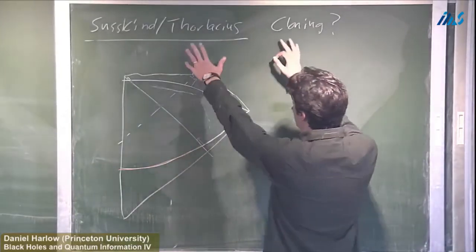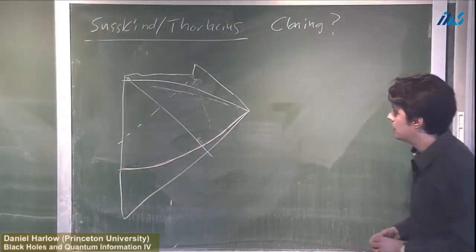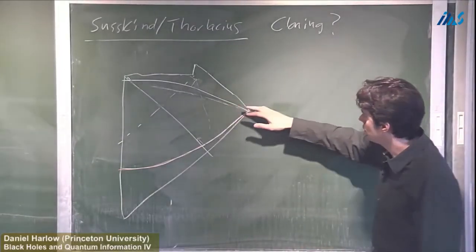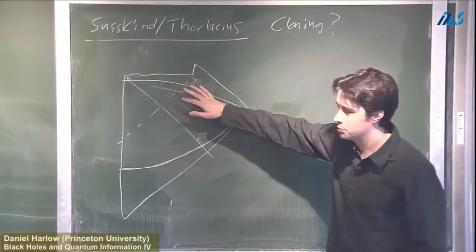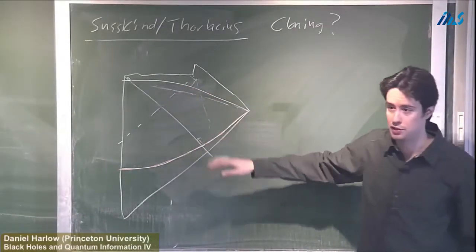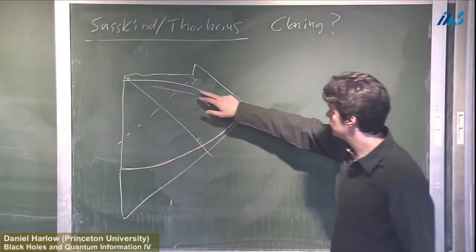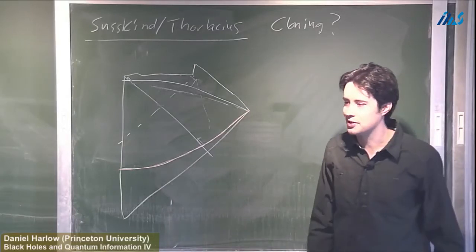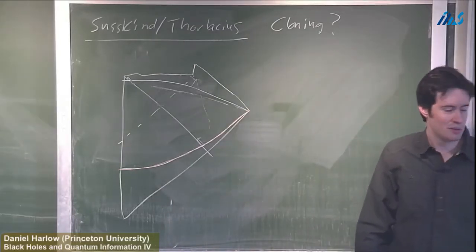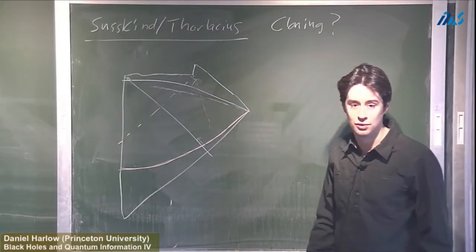Okay, so what these guys suggested is that maybe that's fine. The problem here is not that quantum mechanics is violated. It's that we asked quantum mechanics to do something which it had no business doing. We asked it to give a description of the state on this entire slice, even though nobody can see everything on this entire slice. So maybe our problem was just that we asked it to do too much.